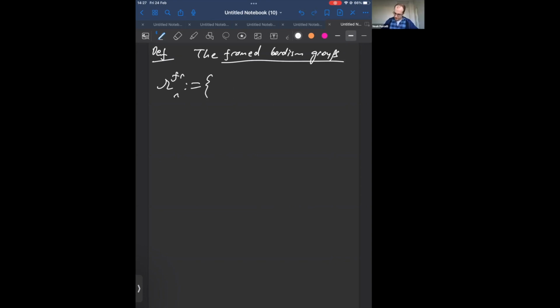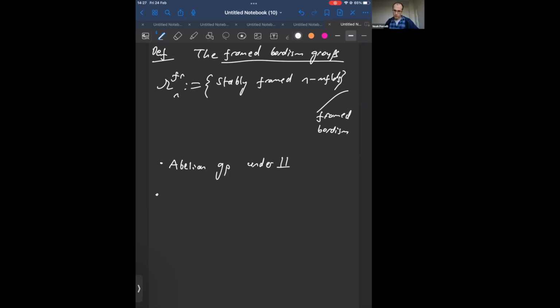It's defined to be the set of stably framed n-manifolds modulo framed bordism. Oh, I should say all my manifolds here are compact without boundary, and my bordisms are also compact but with boundary. So this ends up being an abelian group under disjoint union, and the unit is the empty manifold, because if you disjoint union with the empty manifold, you don't change anything.